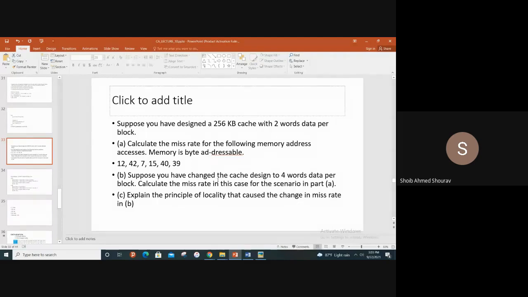You have to decide why the change in the miss rate happened and due to which principle of locality. It could be both temporal and spatial, or none, or only temporal, or only spatial. What is that answer? You have to find out.